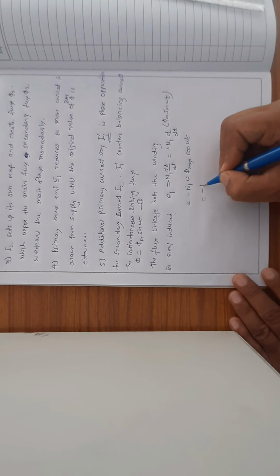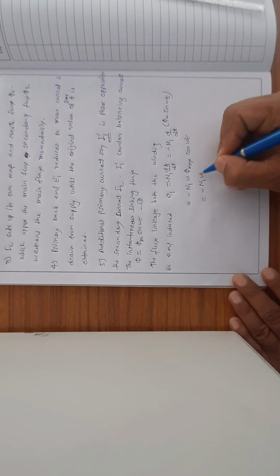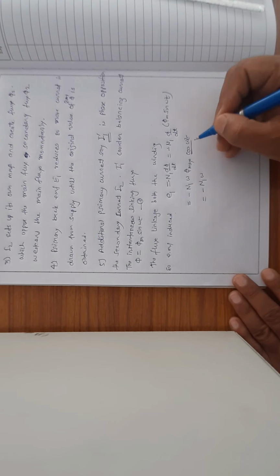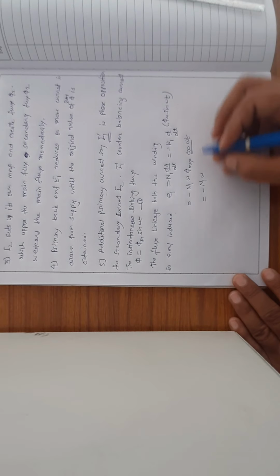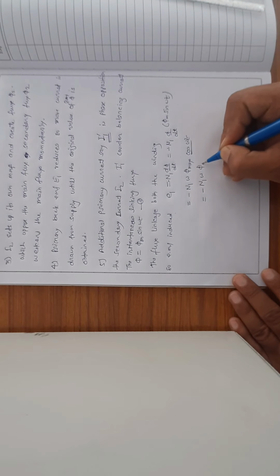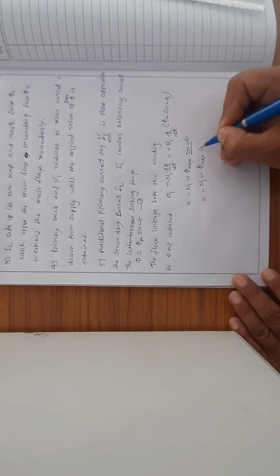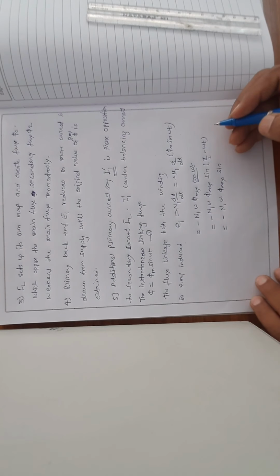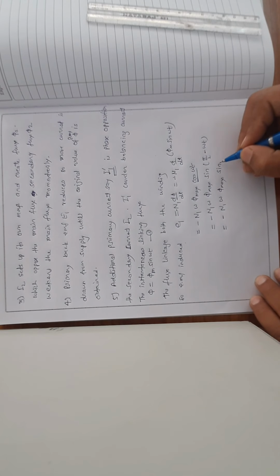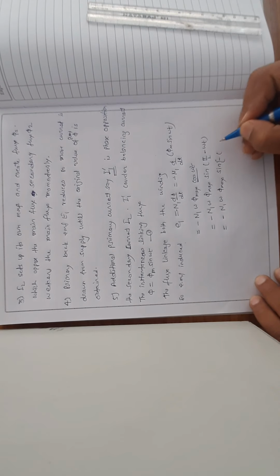Converting this cosine function into a sine function, it equals N1 omega phi max sin(omega t minus pi by 2).